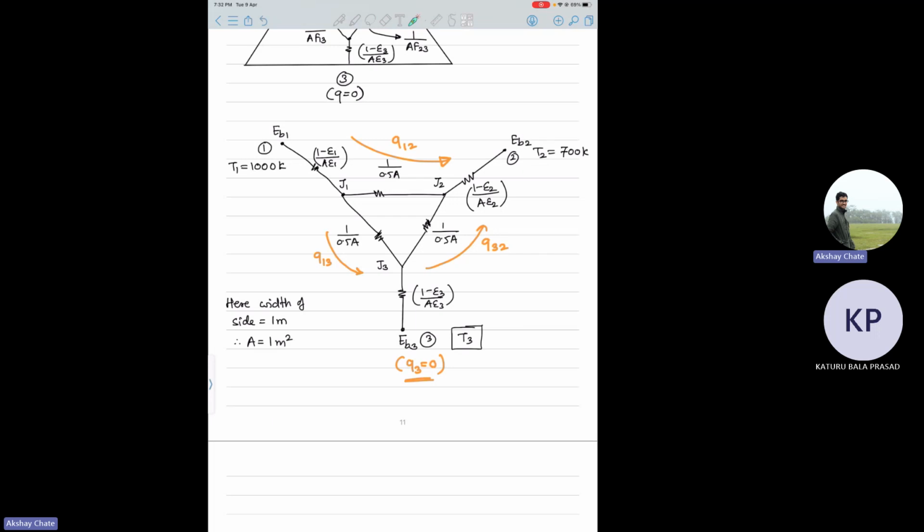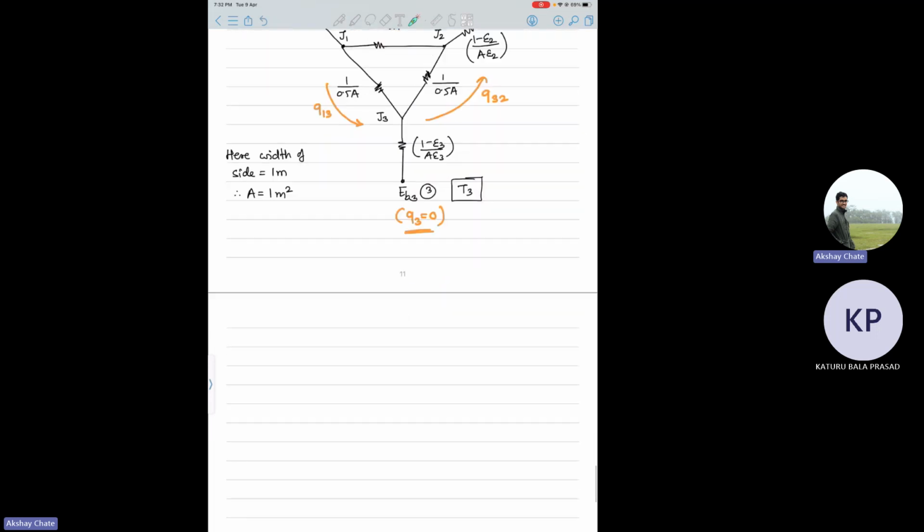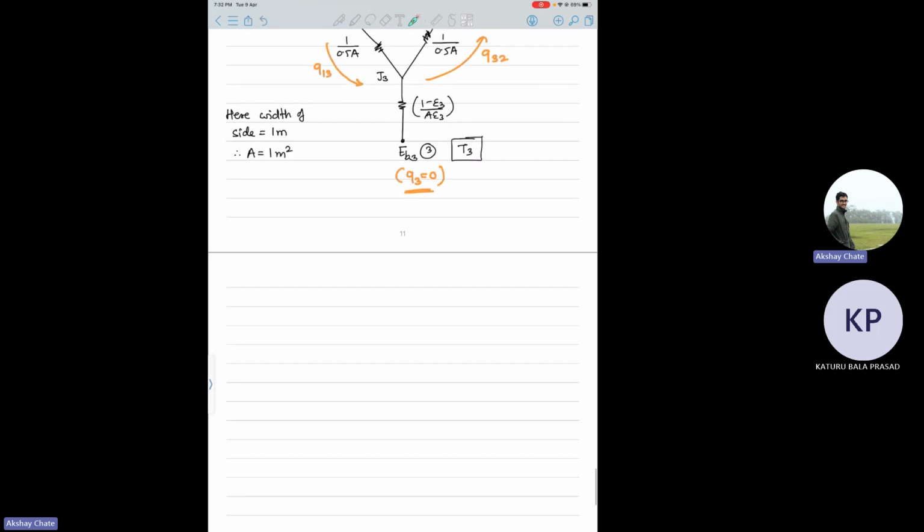Just 1 second, I am just looking at the problem. Okay, so now consider from 1 to 2. So how many resistances we have?